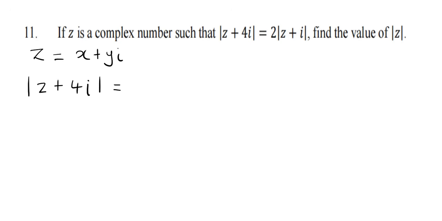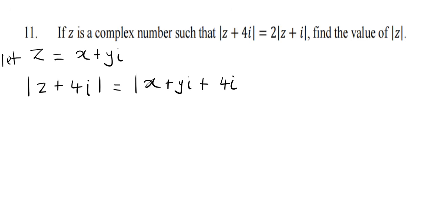Now if we solve this, we've let z be this, so wherever there is z, we're going to replace that. So I'm going to have the modulus of z, which is x plus yi, then there's also plus the 4i there.